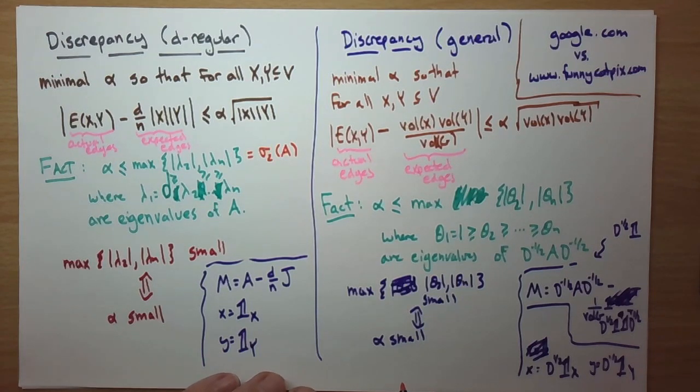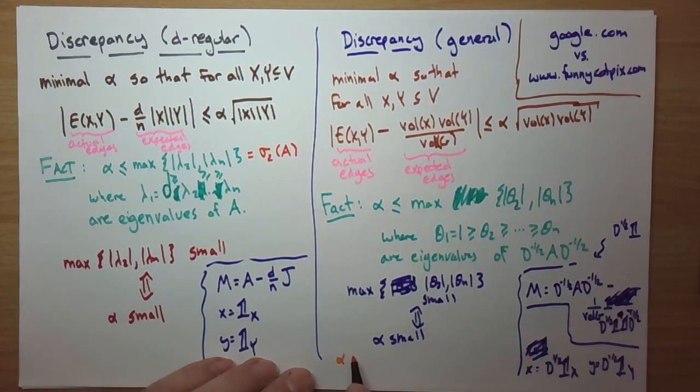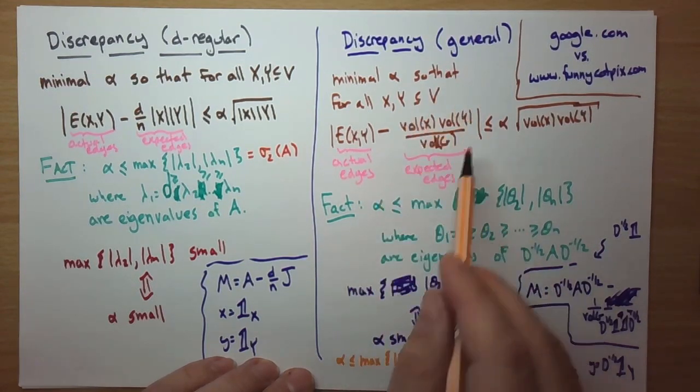So, let's see, all right, now I want to be really careful here. Alpha is less than or equal to this max of theta 2 and theta n. Again, alpha is the discrepancy.